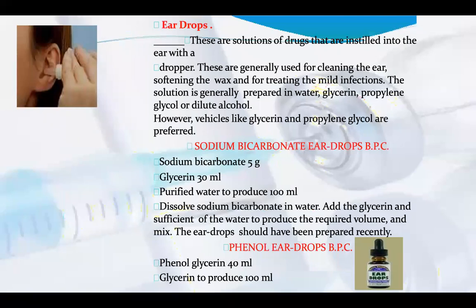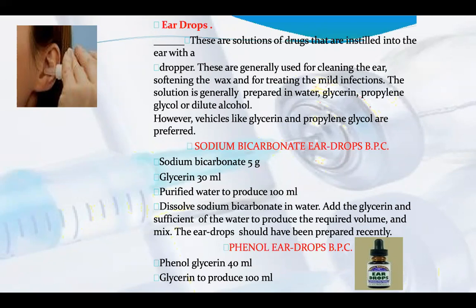Ear drops. There were eye drops, now another one is ear drops. These are solutions of drugs that are instilled into the ear with a dropper. These are generally used for cleaning the ear, softening the wax, and treating mild infections.